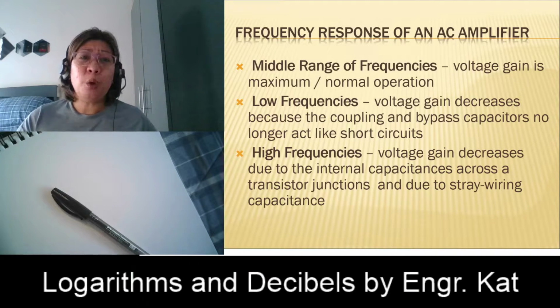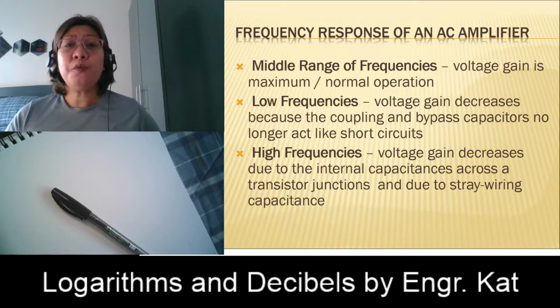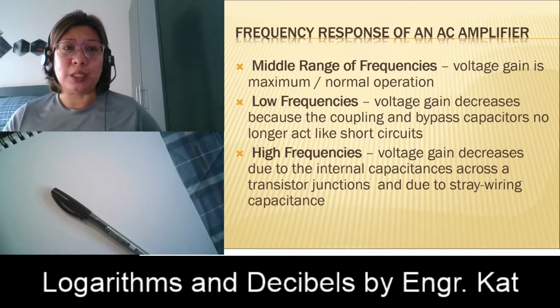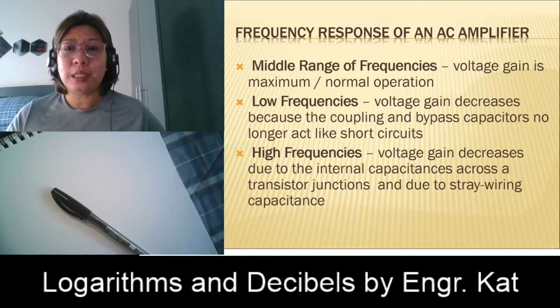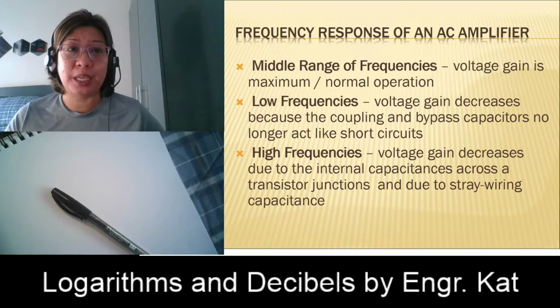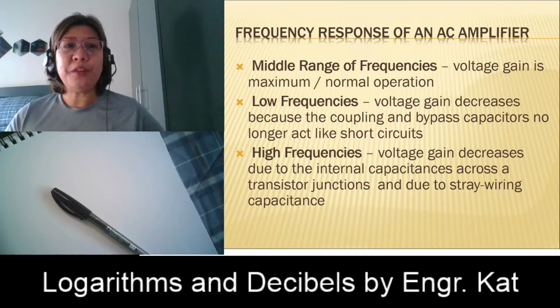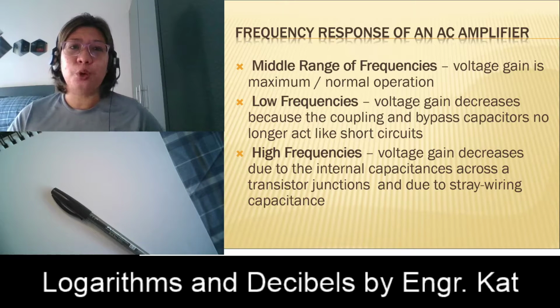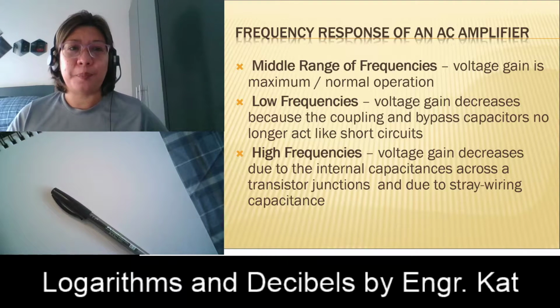At low frequency, lower than the mid-range frequencies, your voltage gain tends to decrease. So what causes the decrease? Voltage gain decreases because the coupling and the bypass capacitors no longer act like short circuits. So the main factors that will affect your lower frequency are your coupling and bypass capacitors.